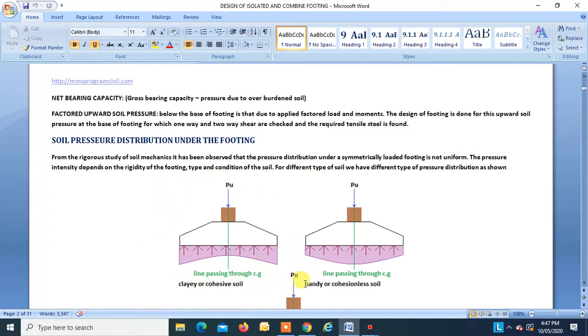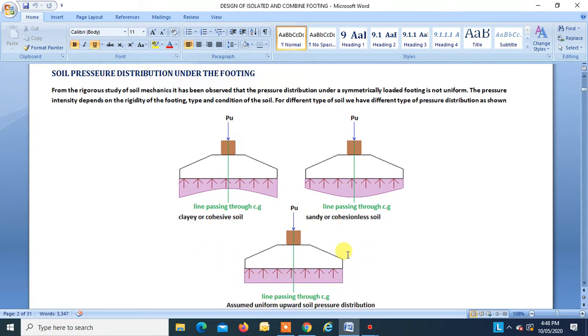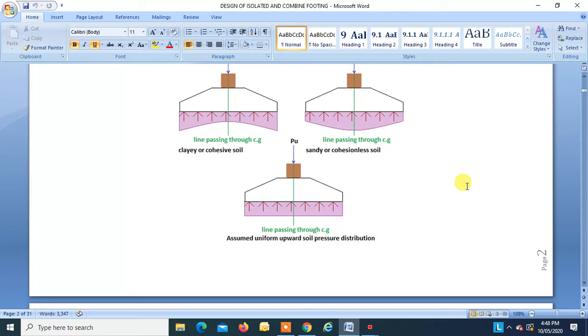And if the type of soil is sandy or cohesionless, then this type of distribution will be there. But for ease, we assume it as uniformly distributed. The pressure intensity depends upon the rigidity of the footing, type and condition of the soil. For different types of soil, we have different types of pressure distribution as shown in the figure below.